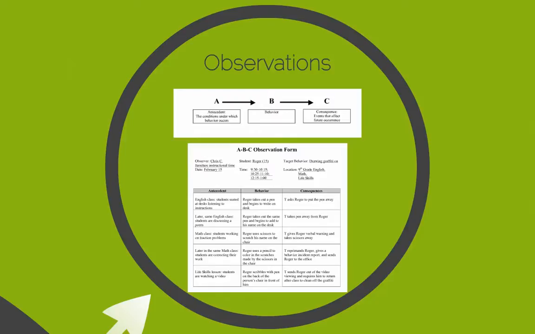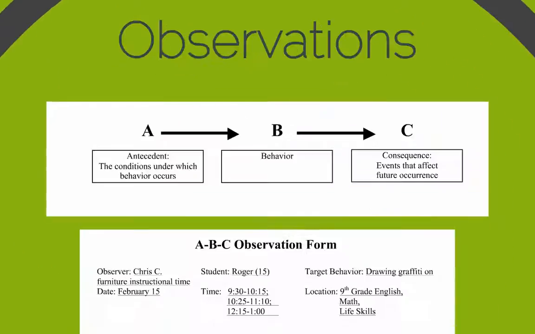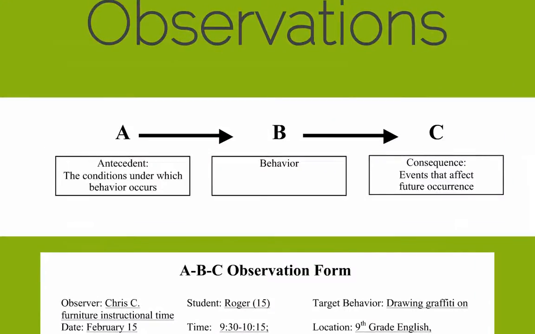So these observations are based on the notion of an ABC format in behavior, that there's an antecedent, that there are conditions under which behavior occurs, there is the behavior, and there's a consequence that then leads the behavior to happen or not happen again, all right, that influences the occurrence of future behavior.